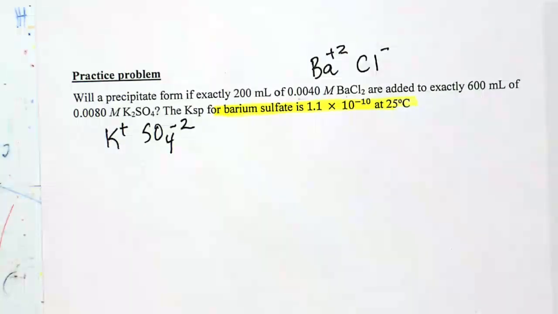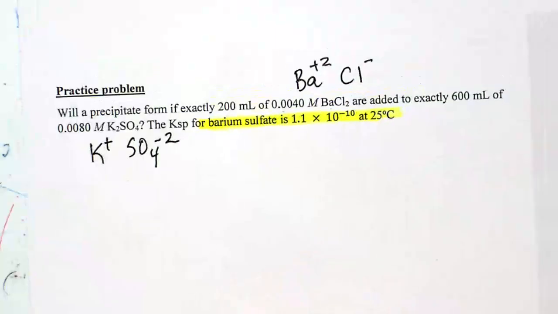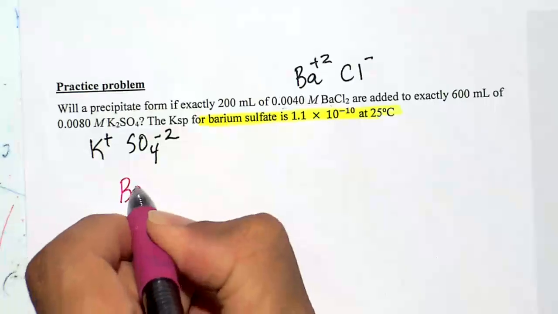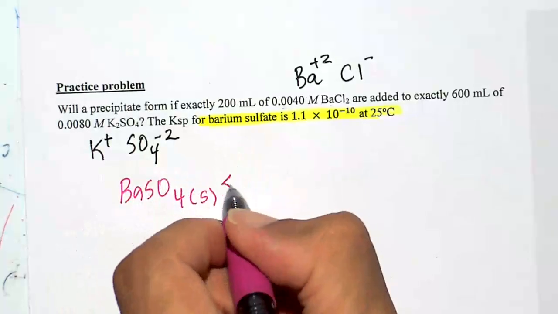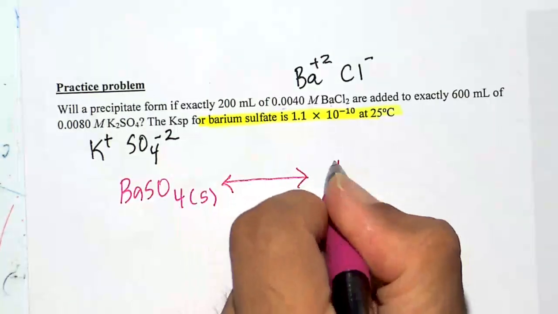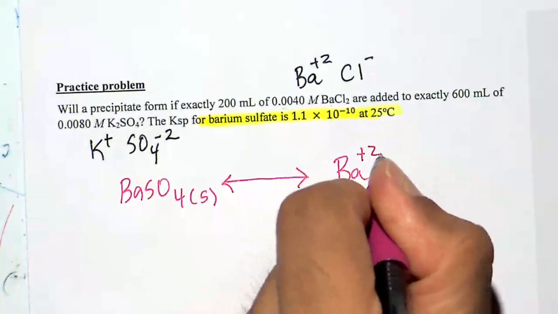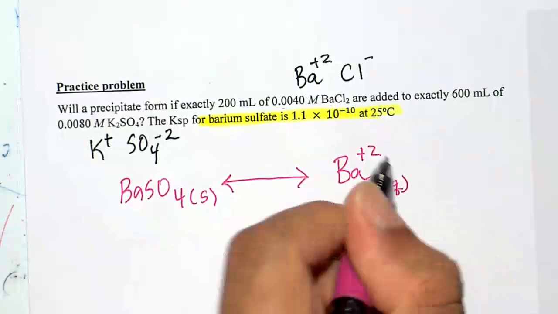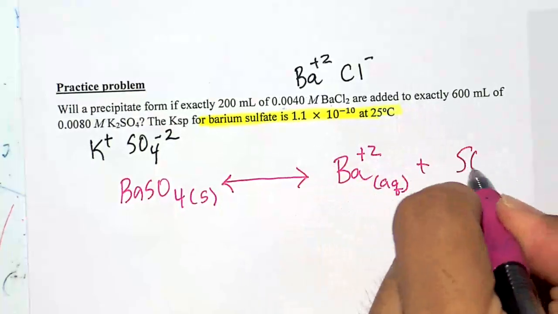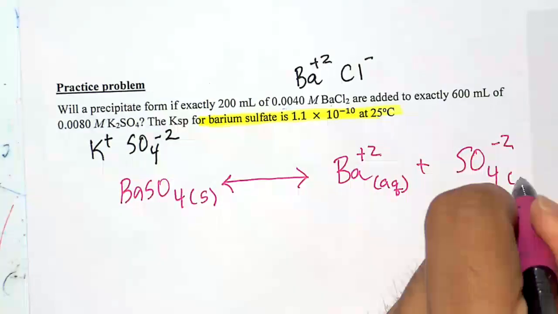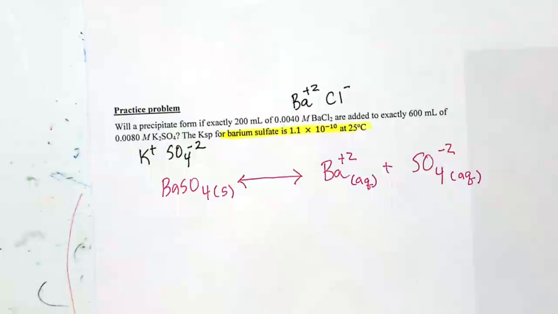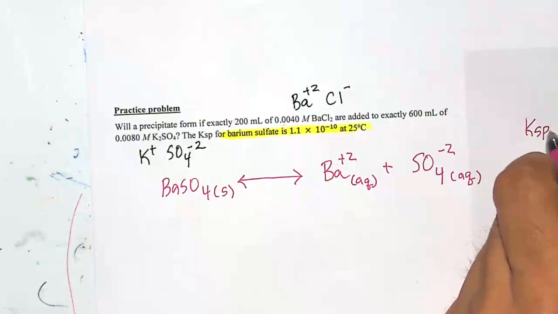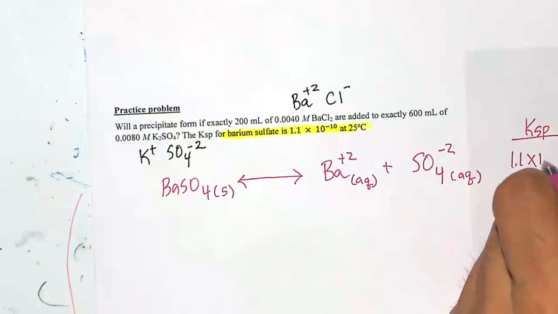So the first thing we'll do is write our equation. Like I said, the Ksp will be 1.1 times 10 to the minus 10.